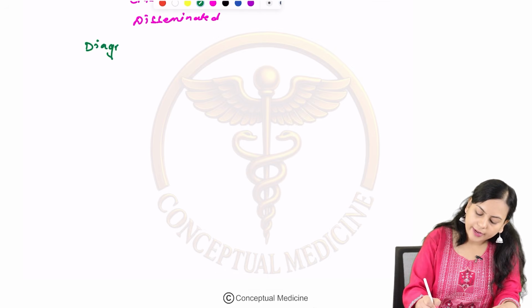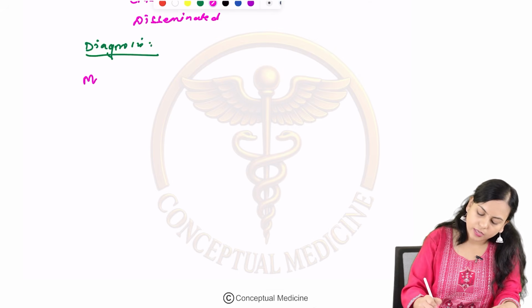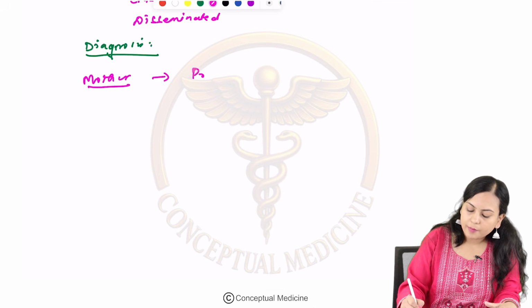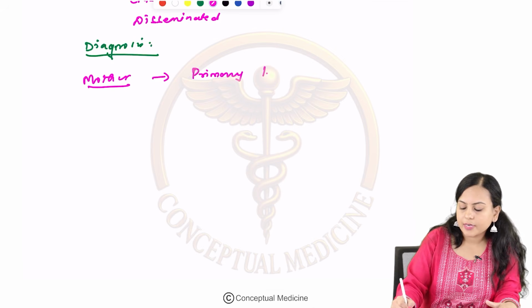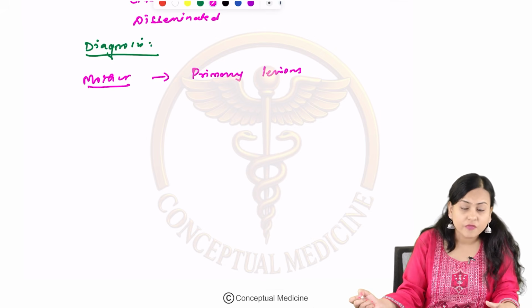So, diagnosis in the mother, okay, is usually made from the primary lesions. What are the primary lesions of herpes simplex virus? Yes, it is vesicles.